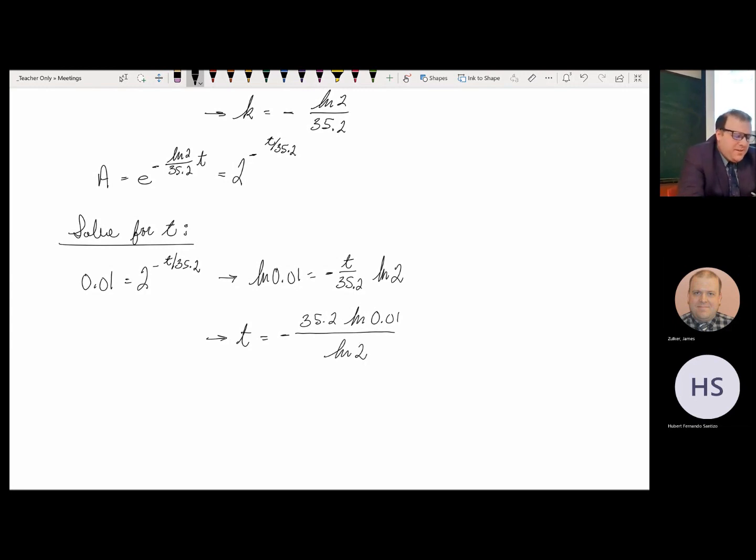So in exact form, t would be negative 35.2 times log of 0.01 all over log of 2. Before we try and approximate this, does this make sense? By the way, we can also rewrite that as log base 2 of 0.01, right?